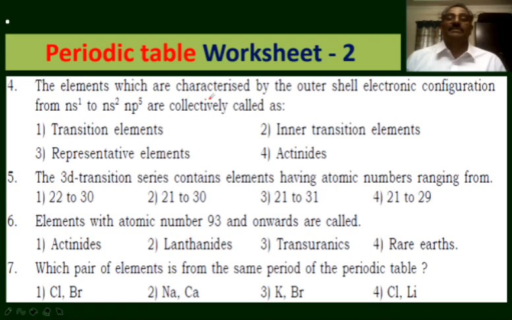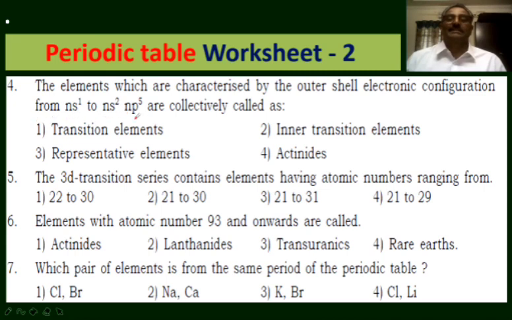The elements which are characterized by the outer shell electronic configuration from ns1 to ns2 np6 are collectively called as the same. ns1 means first group, ns2 second group, ns2 np1, ns2 np2, ns2 np3, ns2 np4 and ns2 np5 represent the groups from 13th to 17th.